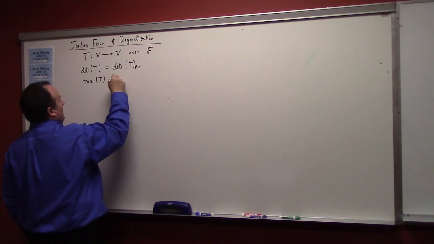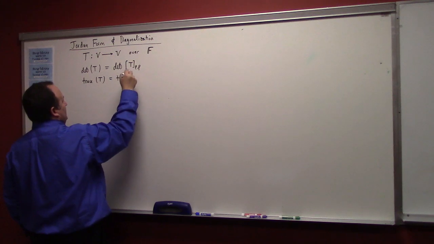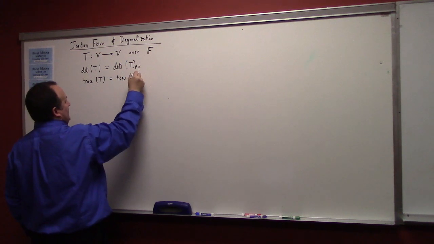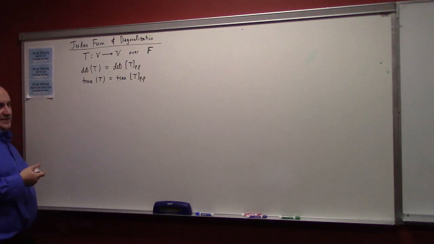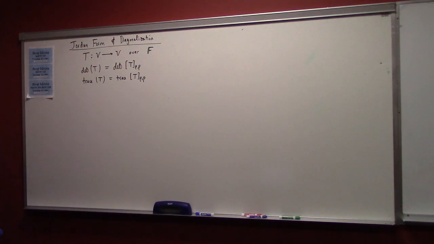all right? And now you should immediately object to this and be like, wait a minute, but if I chose a different basis, then I'd get a different trace, I'd get a different determinant, right?